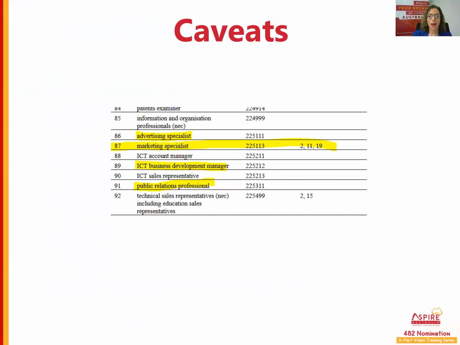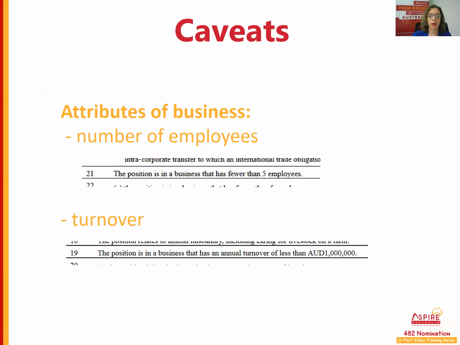Once you have identified your occupation for the position you have available, check the list again, as a caveat may apply. This is a further limitation on occupations that can be sponsored for the 482 visa. There are caveats on the attributes of the business, for example, the number of employees.